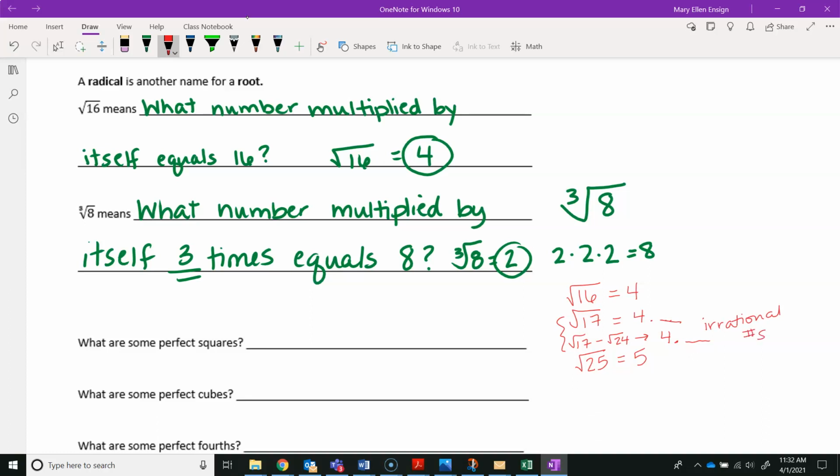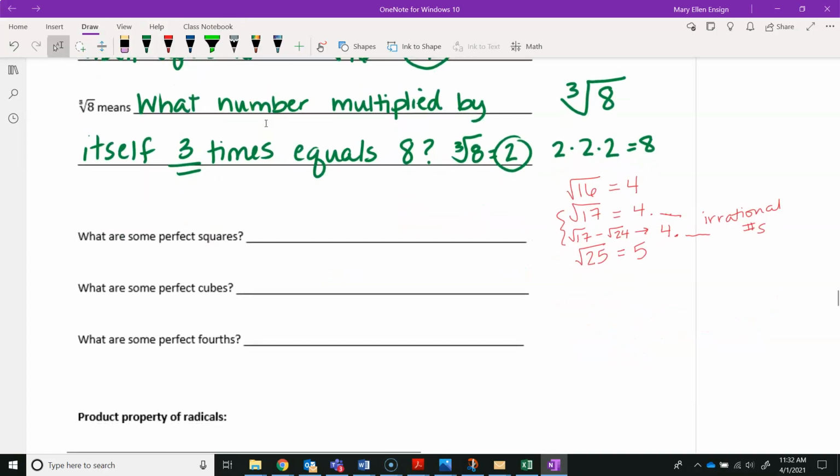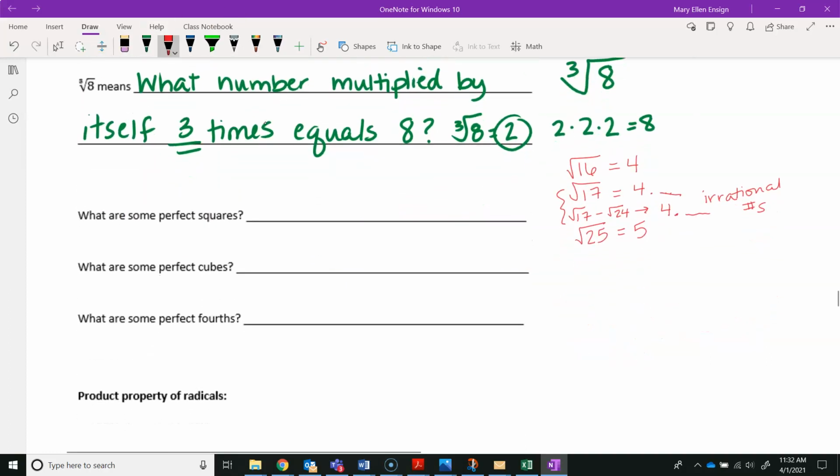Okay, so let's think about what are some perfect squares. What are those numbers? A perfect square means its square root is an integer. What are some perfect squares?